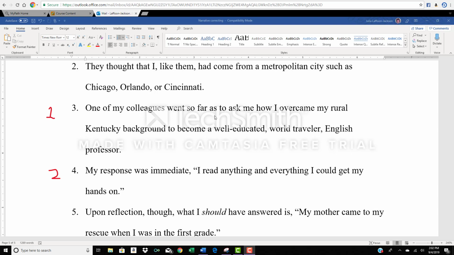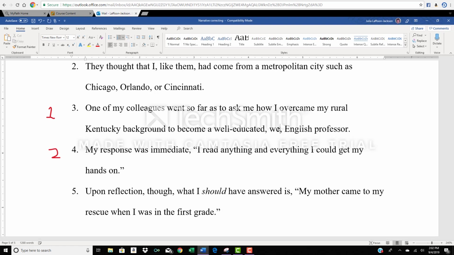One of my colleagues went so far as to ask me how I overcame my rural Kentucky background to become a well-educated world traveler English professor. Well-educated is an adjective. World traveler and English professor are nouns. So what we need to do is correct world traveler so that it also is an adjective.